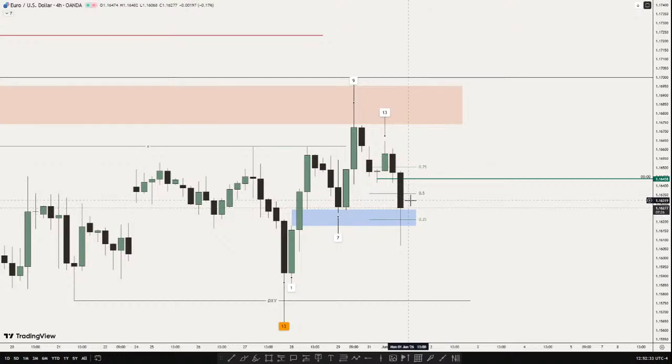There is low probability it can continue downwards since the session is over. Also, the forex pairs usually don't move after 11 a.m. New York time, but there is a possibility it can move in the next 4-hour candle, since this is 3 and then this is 6 and then this will be 7. But I would still not look for a trade now.